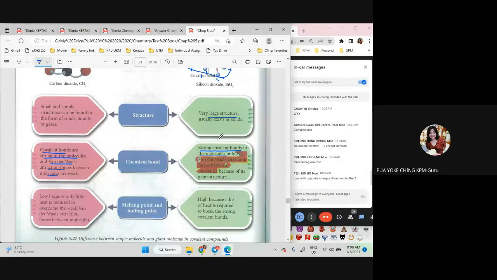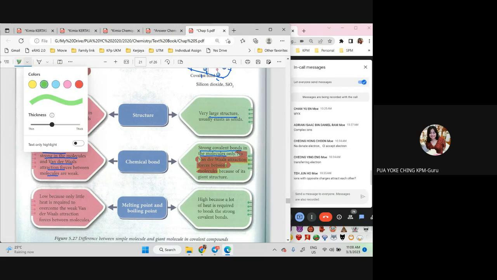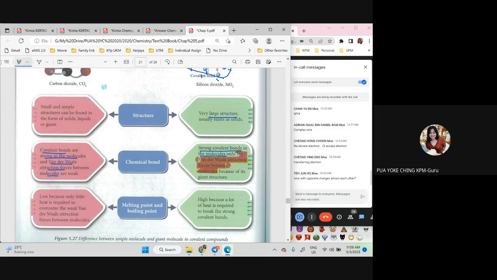Because of this, their melting point will be different. Comparison yang paling utama dalam simple molecule dan giant molecule ialah simple molecule low melting point, sebab yang kamu nak pisahkan adalah weak van der Waals forces.